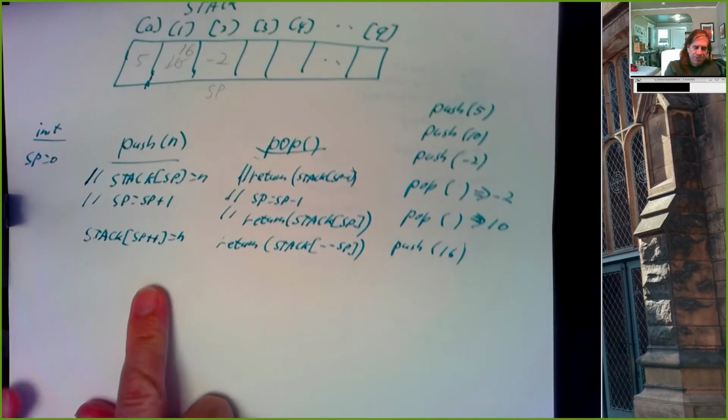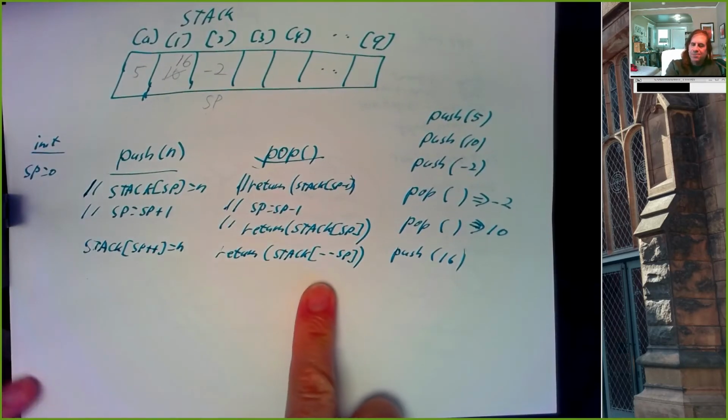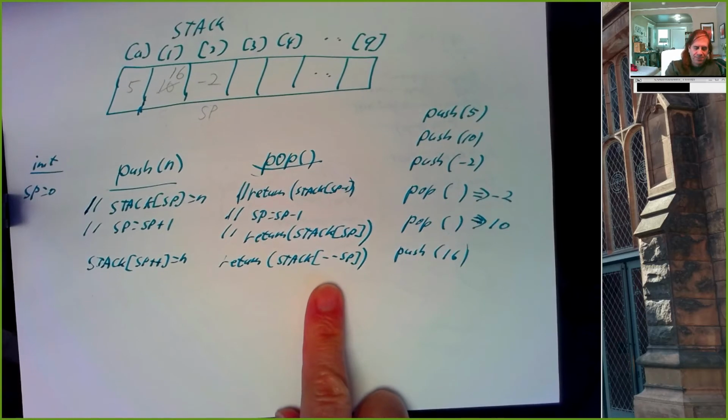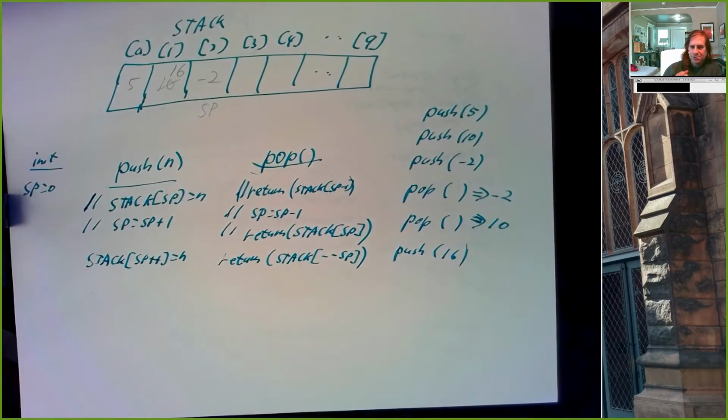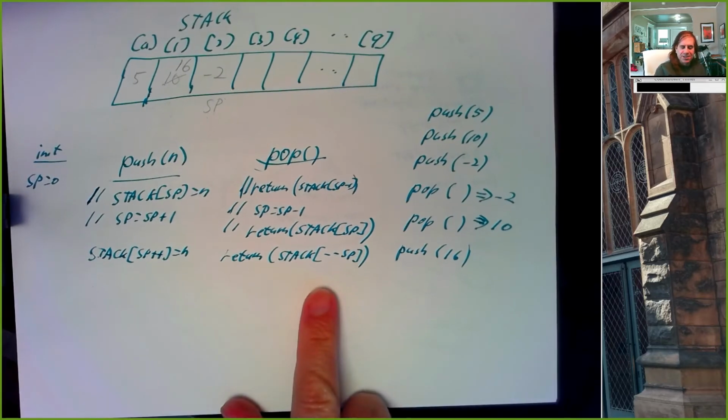So our push uses a post increment, our pop uses a pre-decrement. Those are going to travel in pairs. Post inc, pre-dec.